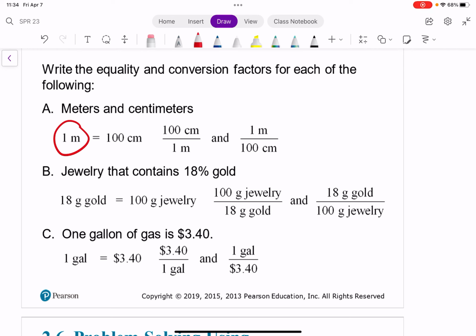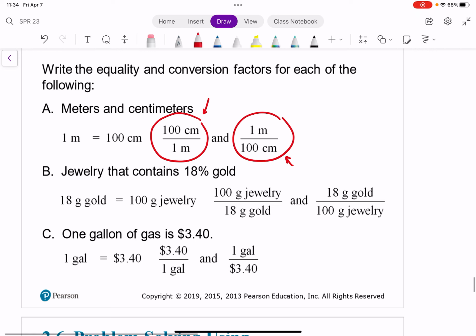They said how many small things are in one of my big thing. And then they broke that up into 2 different conversion factors, right? So you have the option of putting 100 centimeters on top or on the bottom, and 1 meter on the bottom or on the top. You can use either of those. They're both valid conversion factors.